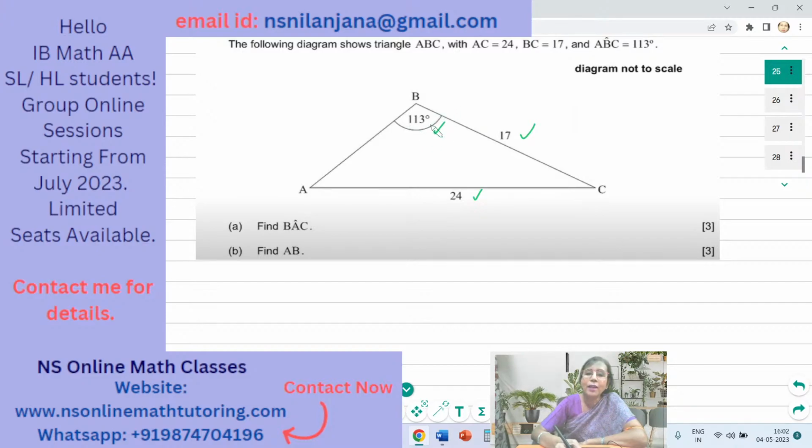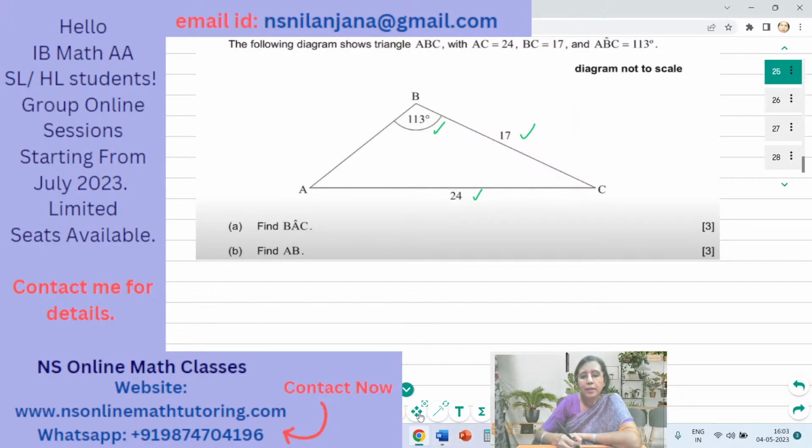It is an obtuse angle. Therefore, ABC is an obtuse angle triangle. Hence, angle BAC and angle BCA will obviously be acute angles, because in one triangle you cannot have more than one obtuse angle or more than one right angle. If there is an obtuse angle, the remaining two angles of the triangle should be acute angles, not even a right angle.